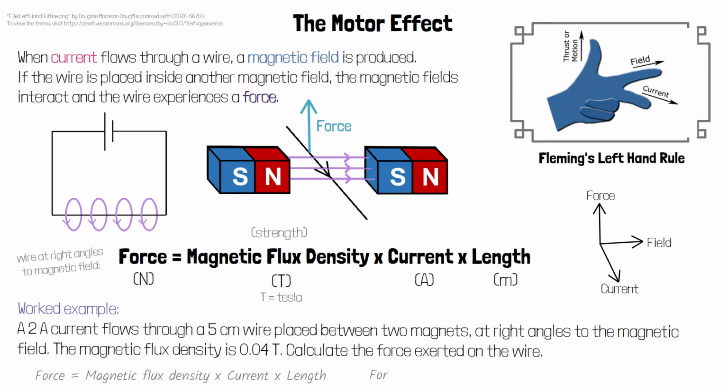That means the force is equal to 0.04 for magnetic flux density times current, which is 2 amps, times the length of the wire, which is 0.05 meters. Length has to be in meters, so we need to convert it from centimeters. 0.04 times 2 times 0.05 is 0.004 newtons, so the wire experiences a force of 0.004 newtons.